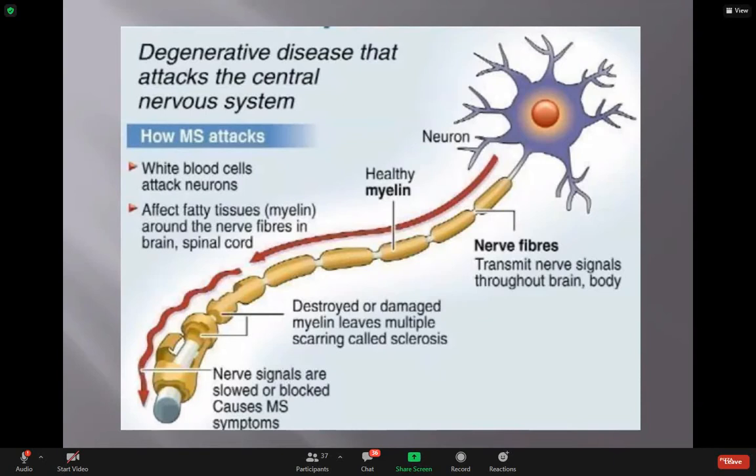The peripheral nerve is not involved in MS. Only the central nervous system, only within the brain and the spinal cord. That is the part of the nerve where the myelin is involved. All right. So once damage happens here, then you get trouble in transmission and you begin to get neurological manifestations.